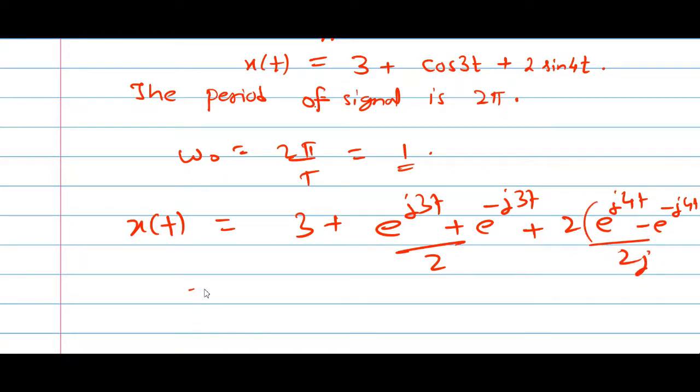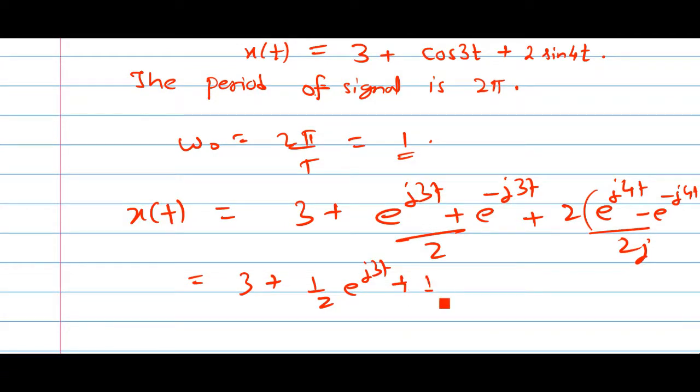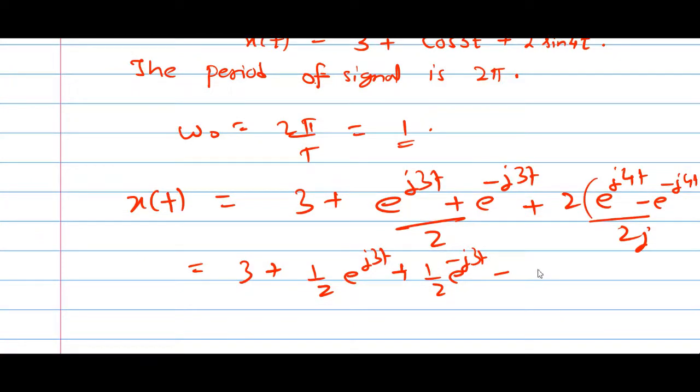So the 2 cancels, and this is nothing but 3 plus 1 by 2 e raised to j 3t plus 1 by 2 e raised to minus j 3t plus 1 by j e raised to j 4t plus minus 1 by j e raised to minus j 4t.